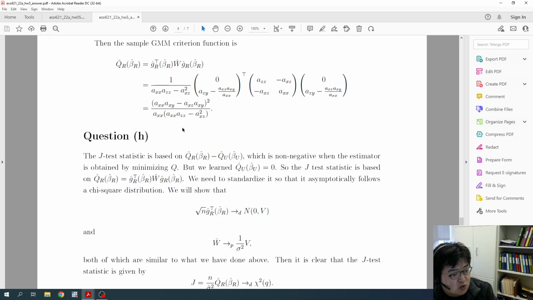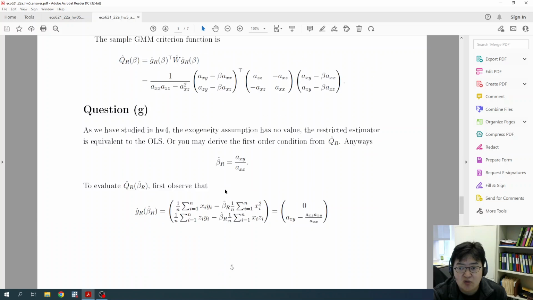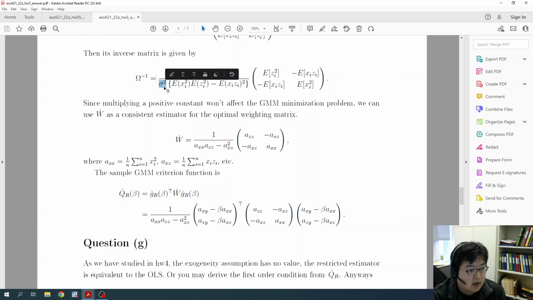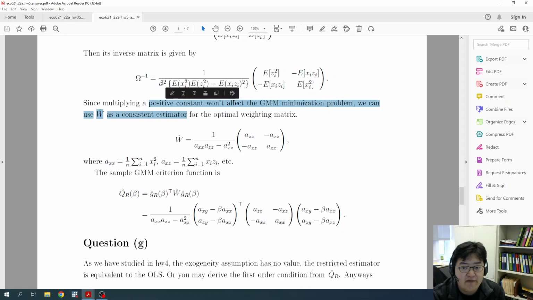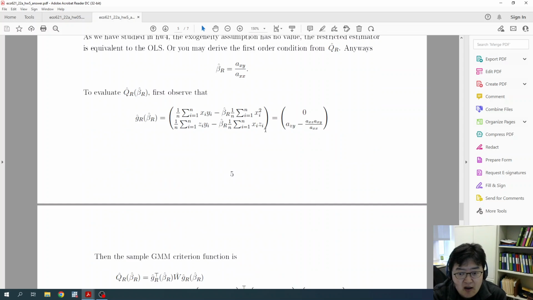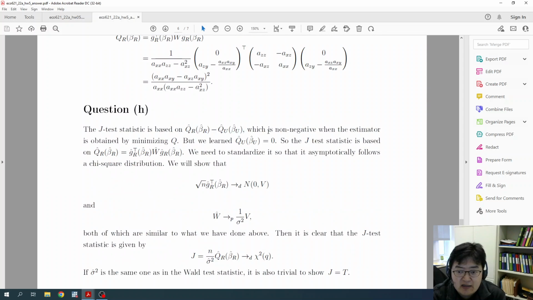But what I want to show you here is that we should not forget we ignored this guy. If you use the two-step GMM estimator, then sigma squared would survive, but now it is excluded.